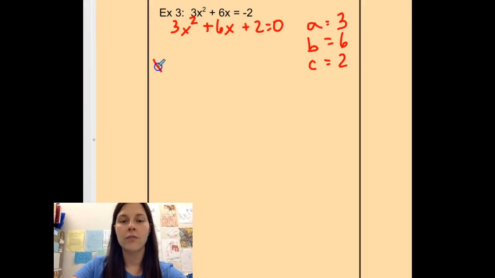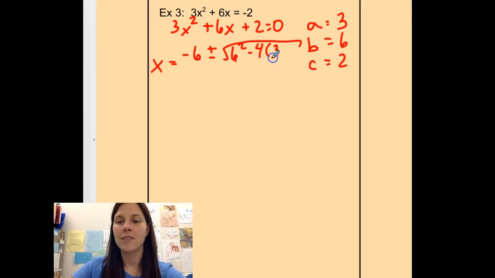So our quadratic formula, x equals the opposite of b, so this time we have a negative, plus or minus the square root of b squared minus 4 is part of that formula, times a times c, all over 2 times a.